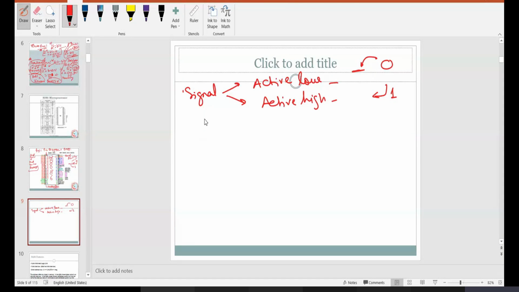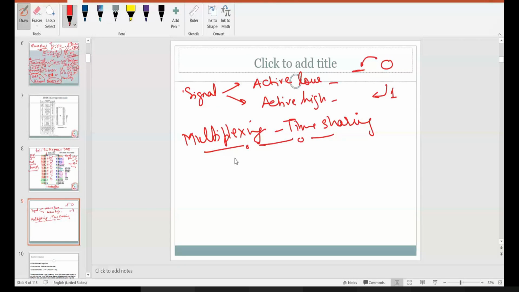The next strategy they used is multiplexing. Multiplexing is the basis of the time sharing phenomenon. Time sharing, in the sense, I'll give you a practical example. In the 8086 that we have just studied, the data bus is of how many bits? Can anyone tell me? Data bus is 16, yes, definitely.